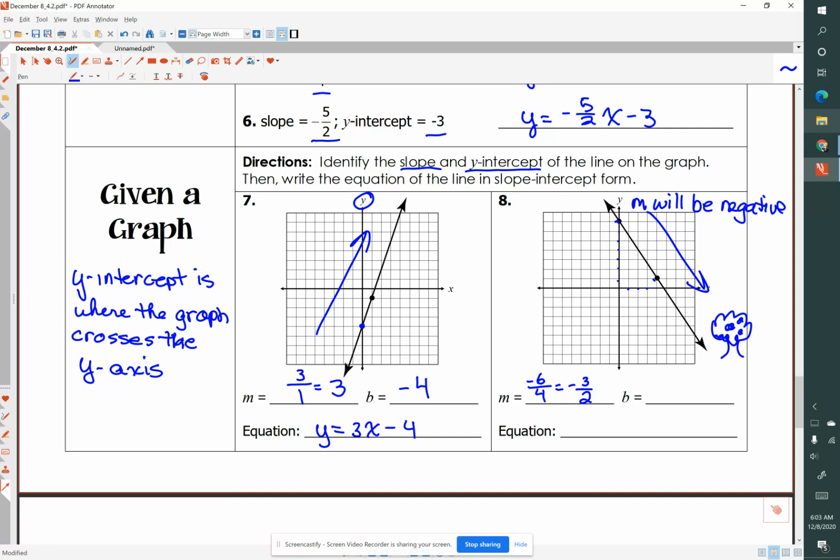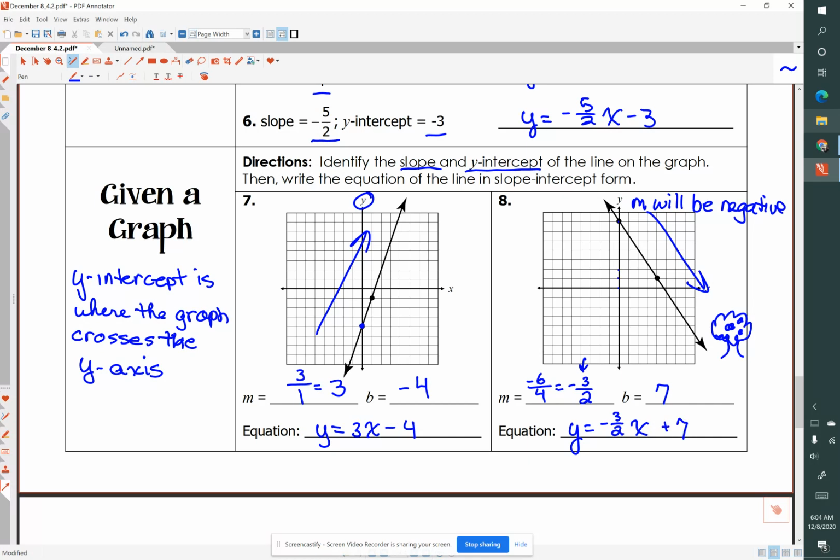Now our y-intercept, where is this graph crossing the y-axis? I'm going to clean it up a little so you can see it more easily. If we look at that graph, it's crossing the y-axis at 0, 1, 2, 3, 4, 5, 6, 7, at 7. So the equation, y equals negative, we use the simplified version, -3/2 x plus 7.